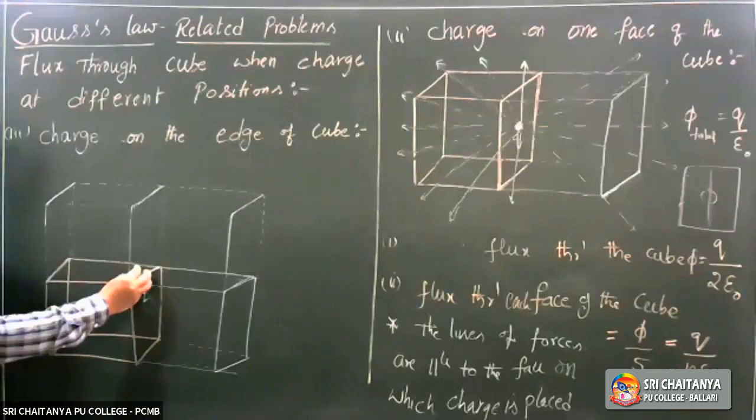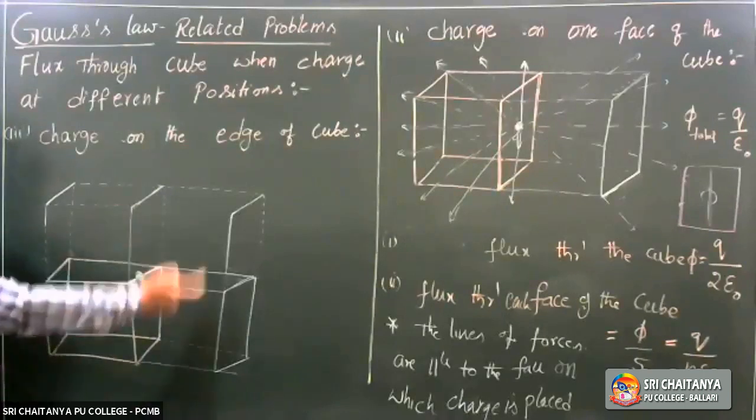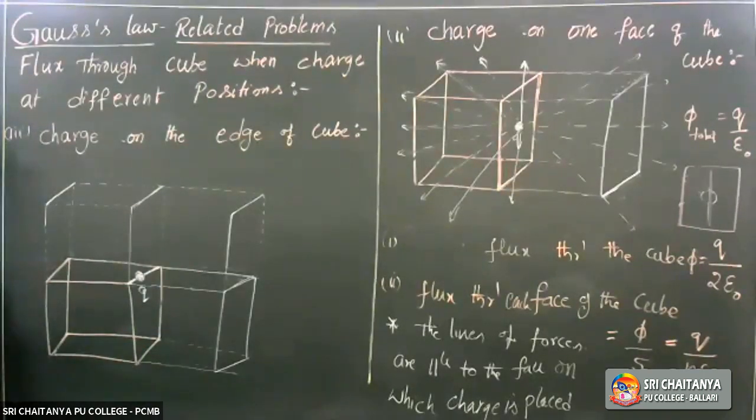So now to enclose this charge, how many cubes are required? 4. Means an edge is a part of 4 cubes.